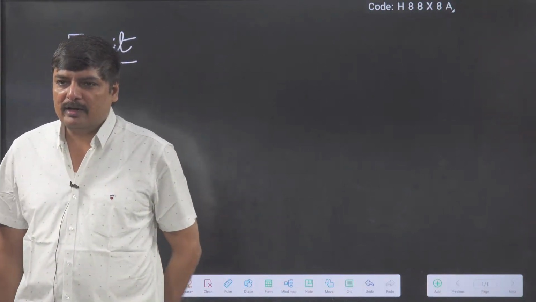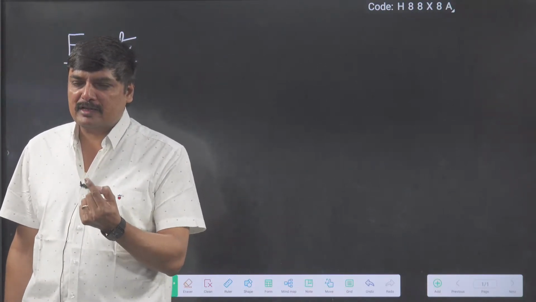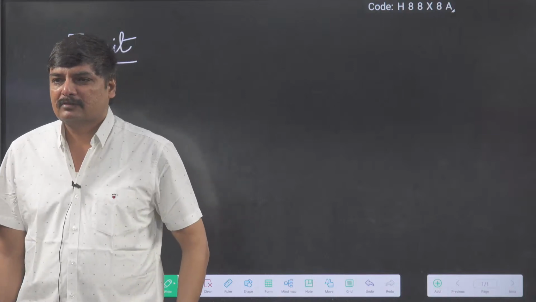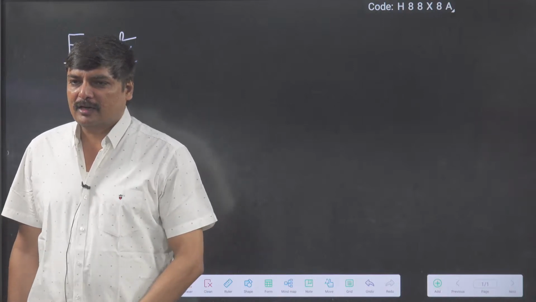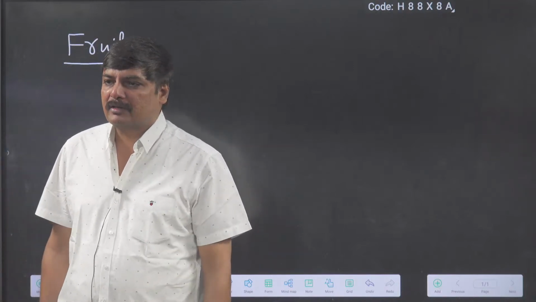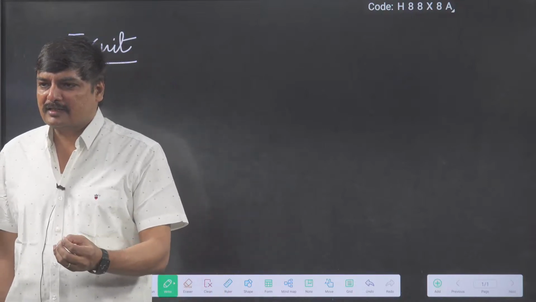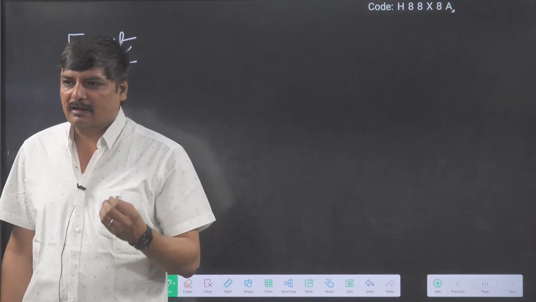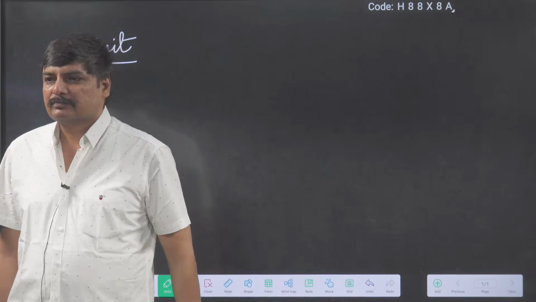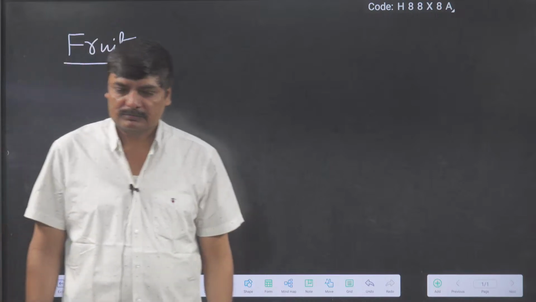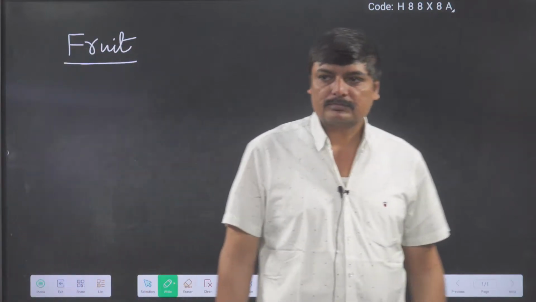Can you give one or two examples of plant hormones that are used to induce parthenocarpy? Auxins, gibberellins. Good, very good. Right.